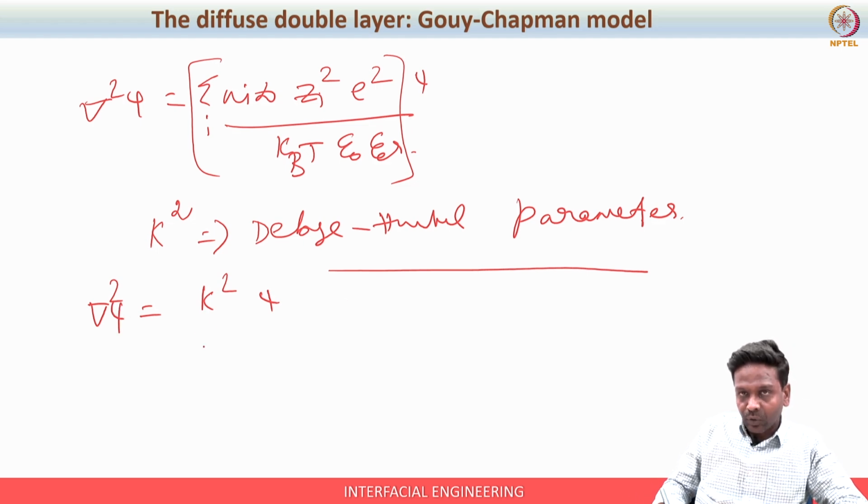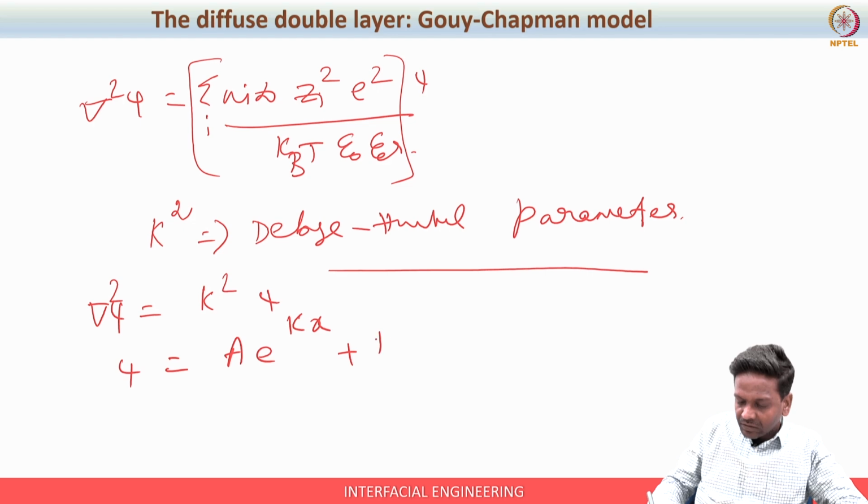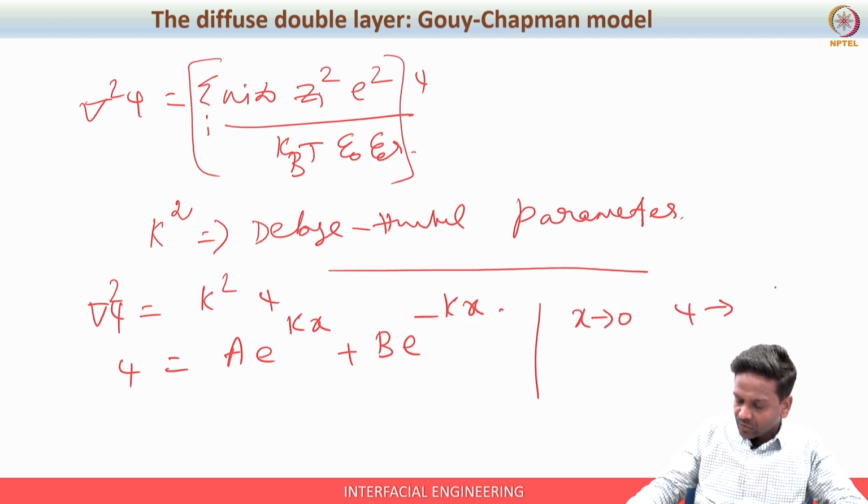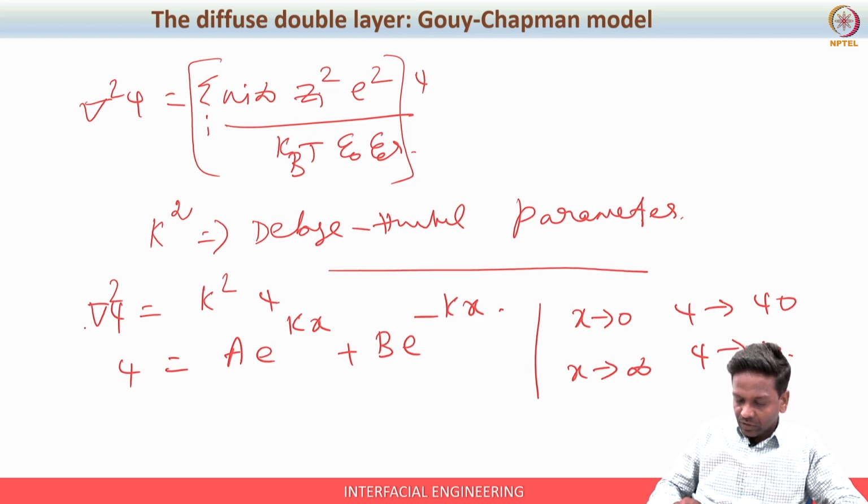If you solve this equation, you will get psi as a e power kx plus b e power minus kx. If you use the boundary conditions, that is x tends to 0, psi tends to psi naught, and x tends to infinity, psi tends to 0, and solve del square psi equal to k square psi, you will get this auxiliary equation.